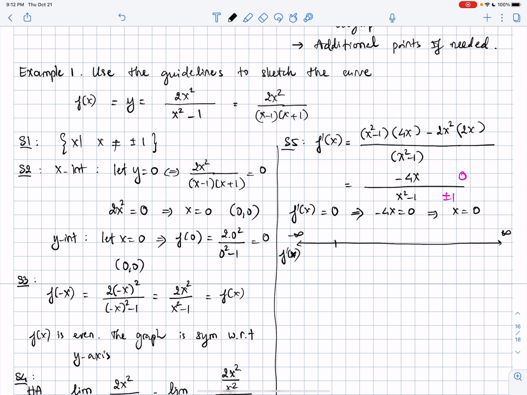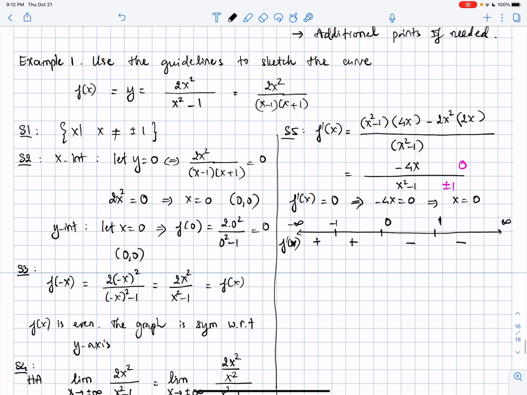So we're going to put negative 1, 0, 1. Now we're testing the points. Okay, so we will plug in the points. So we're going to have plus right here, and then minus right here. Okay, so it will be increasing.